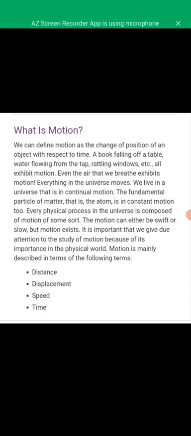So that's just the basics of motion. So what is speed? Speed is the rate of change of distance with time. And time is a measure of the duration of an event. So these are the four basic preliminary quantities in which motion is described.